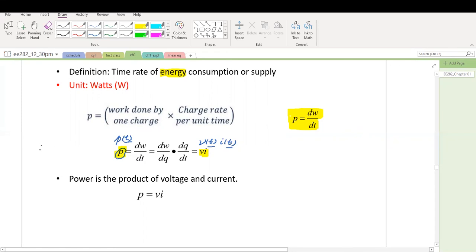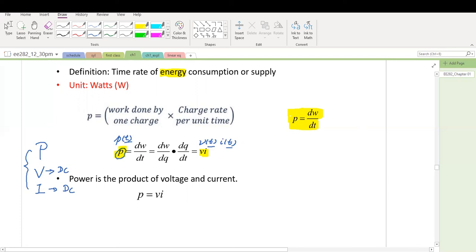If we have big P, which is related to DC, the power does not change with time. The same thing if we have big V and big I: this is a DC voltage and this is a DC current. Our textbook follows this set of notations very loosely, so we have to be a little careful sometimes.